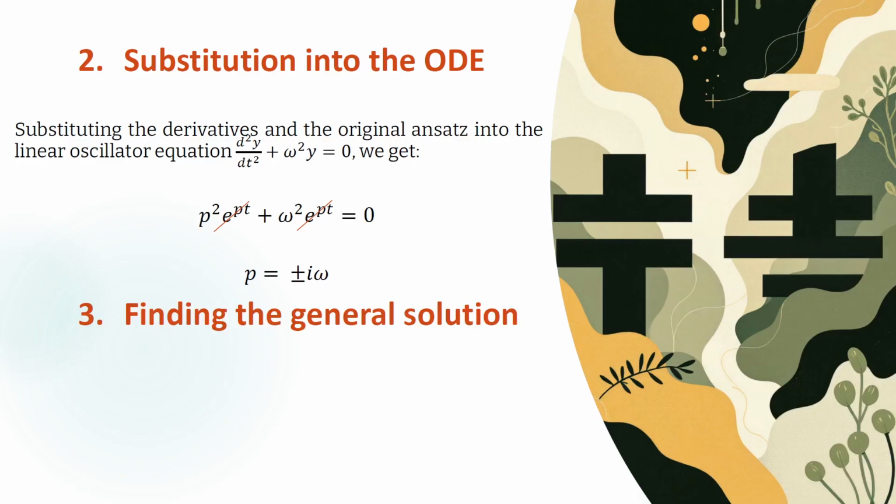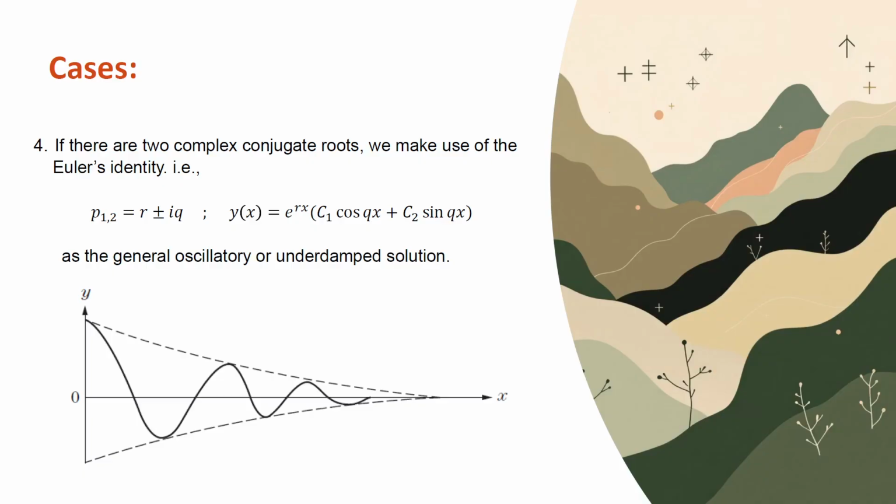Now, we recall that the fourth case that I presented in the first part of the video gives us this general oscillatory or underdamped solution in the case where there are two complex conjugate roots. In our case, our root is plus or minus i omega.